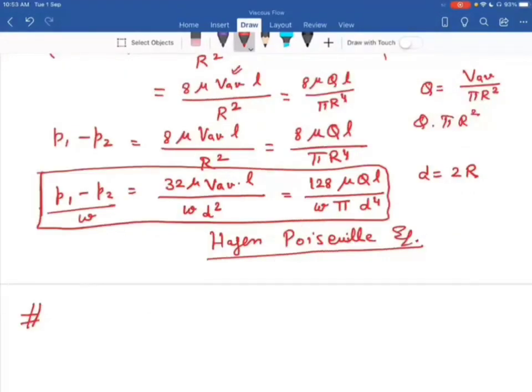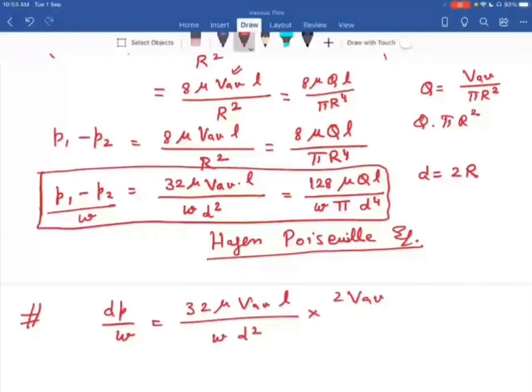If I compare this relation with the Darcy-Weisbach equation, I can write P1 minus P2 as dP by W, that is 32 mu V average L divided by W D square. I multiply this by 2 times V average and divide by 2 times V average.